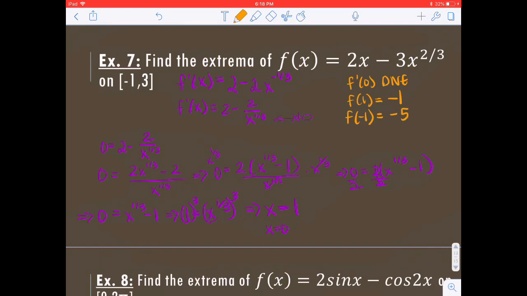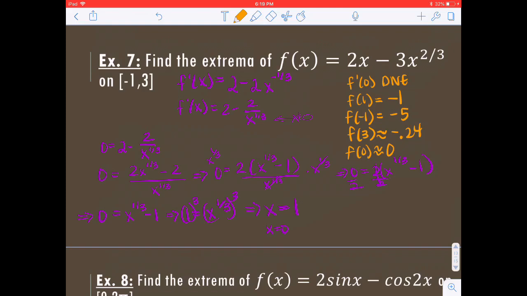Sorry, mental math. f of 3, because that's our interval endpoint here, is approximately negative 0.24. And then we have f of 0, because f prime doesn't exist there, so we have to use that as a critical point. So f of 0 is just 0.